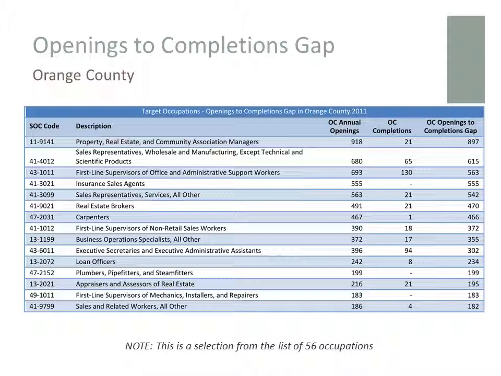There are 918 annual openings forecast for that. So there's a difference of 897. A positive number is good. It indicates there are more openings than there are completions. In other words, there's a need for more trained individuals. Now, those individuals may get on-the-job training. They may find their way into this occupation from a different path than just an educational program at an institution of higher learning. But again, this points out something that warrants further analysis and a further look.